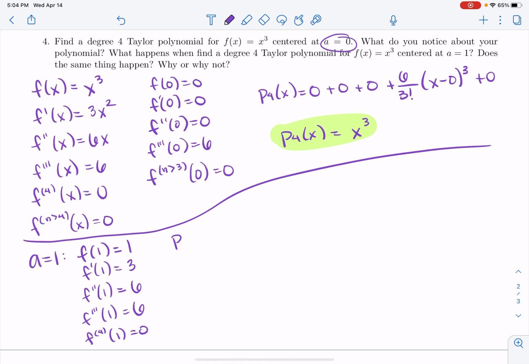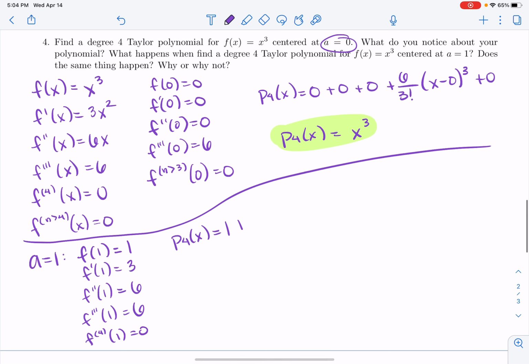In this case, P4 of x is equal to 1 plus 3 times x minus 1 plus, let's see, 6 over 2 times x minus 1 squared plus 6 over 3 factorial times x minus 1 cubed plus 0.